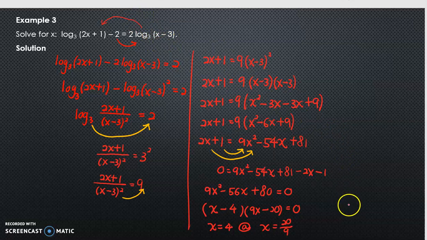Log of a negative is undefined. So therefore, we only have one answer: x is equal to 4.